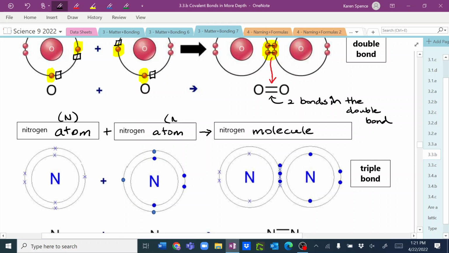Which is the strongest, a single bond, a double bond, or a triple bond? Triple bond. If you don't remember from last day, there's 1, 2, 3, 4, 5, 6 ropes pulling these towards the center, whereas with only 4 electrons, there's only 4 ropes pulling, so it's just not as strong.